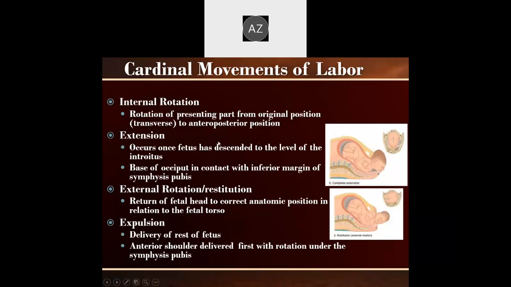Then extension, after it has passed through these and is at the inferior margin of the symphysis pubis, the face sweeps on the perineum. Then we have the external rotation or restitution, where the head returns laterally. Then we have expulsion, where the anterior shoulder is delivered first and then the posterior shoulder.